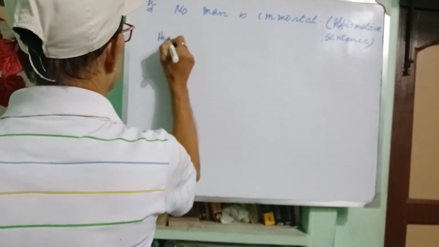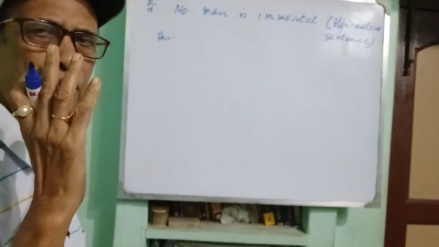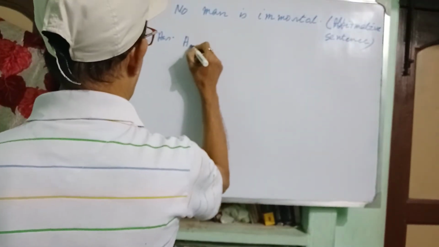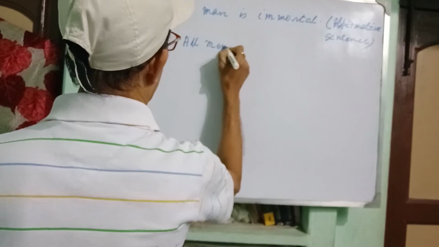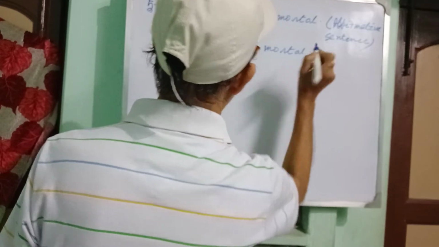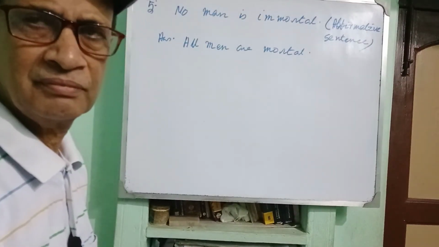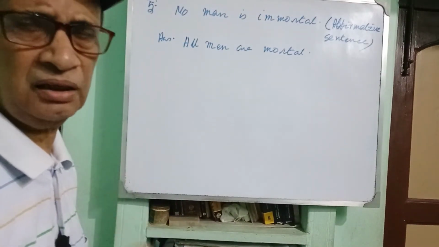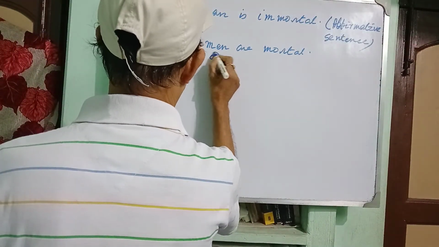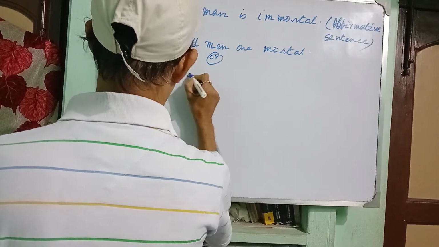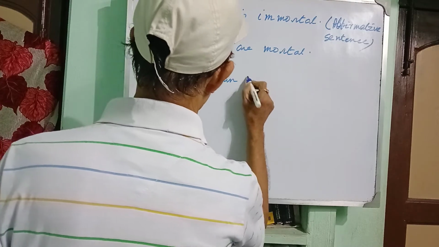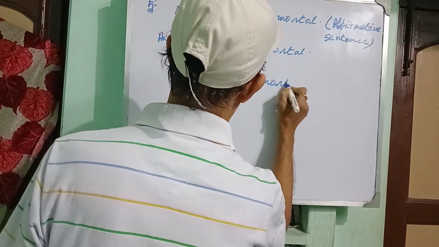The method is: all men are mortal. So it is the theory that immortal becomes mortal. All men are mortal, or every man is mortal. Okay?